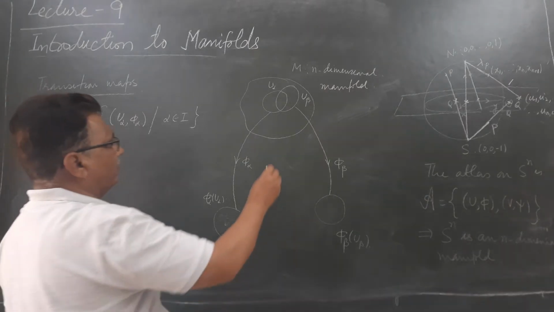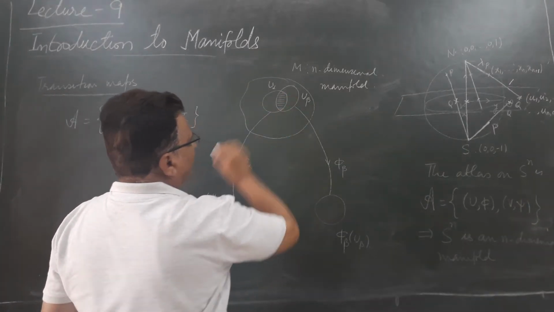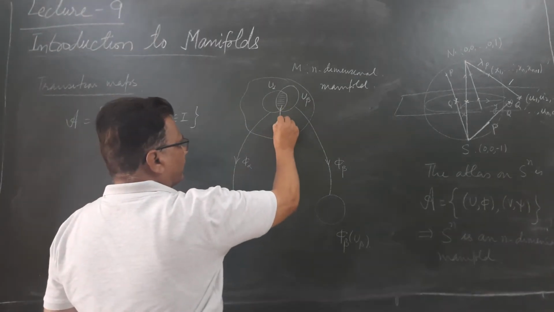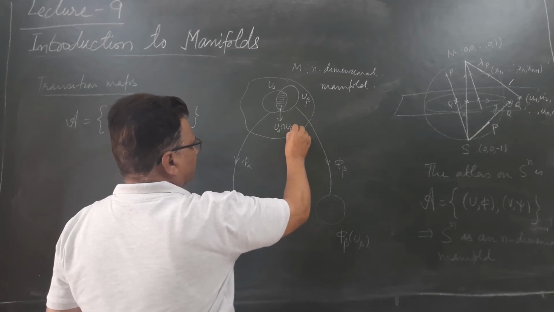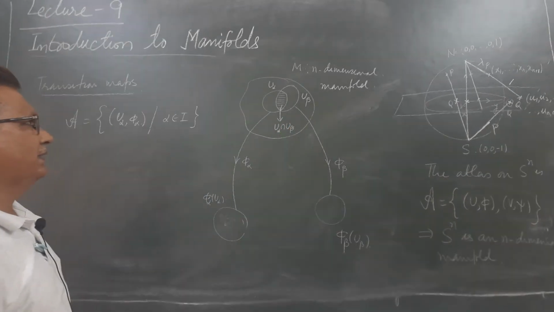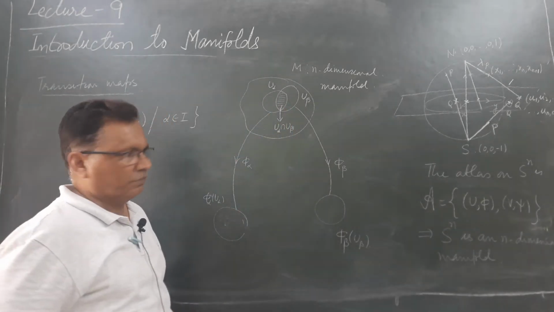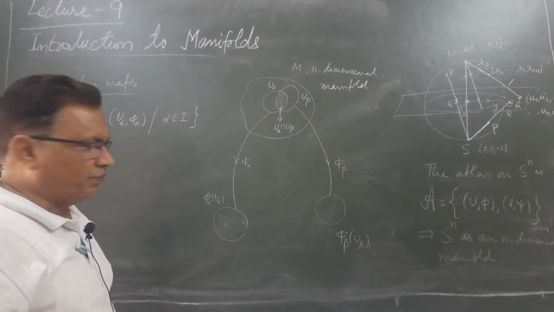Now, since they have a non-empty intersection, let me shade this non-empty intersection part. This shaded region is in fact U alpha intersection U beta. This shaded region is an open subset because these two are open, and the intersection of open sets is open.